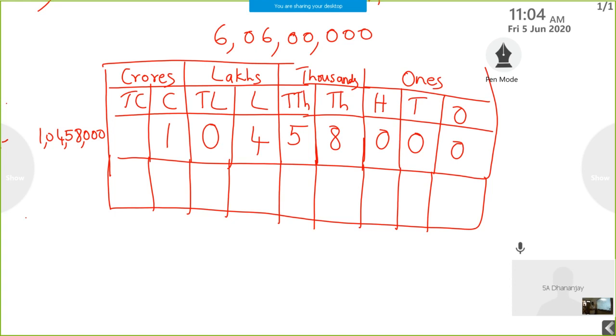So we put 0 to fill the vacant places. Now we can write this numeral in the place value chart. Starting from the right end, we fill 0, 0, 0, 0, 0. Then the lakhs place is filled by 6, then 0, and the crores place is 6.